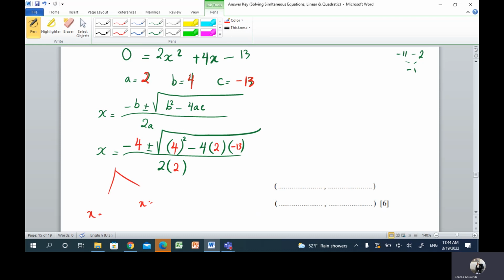I'm going to do the plus first, plus square root of 4 squared minus 4 times 2 times negative 13 over 2 times 2, and the answer will be, I'm going to write it here as negative 2 plus square root of 30 all over 2.